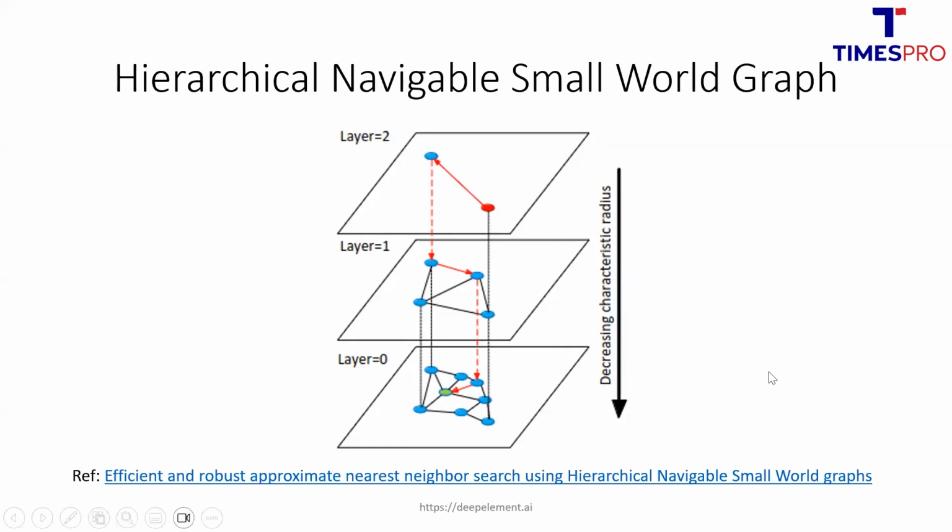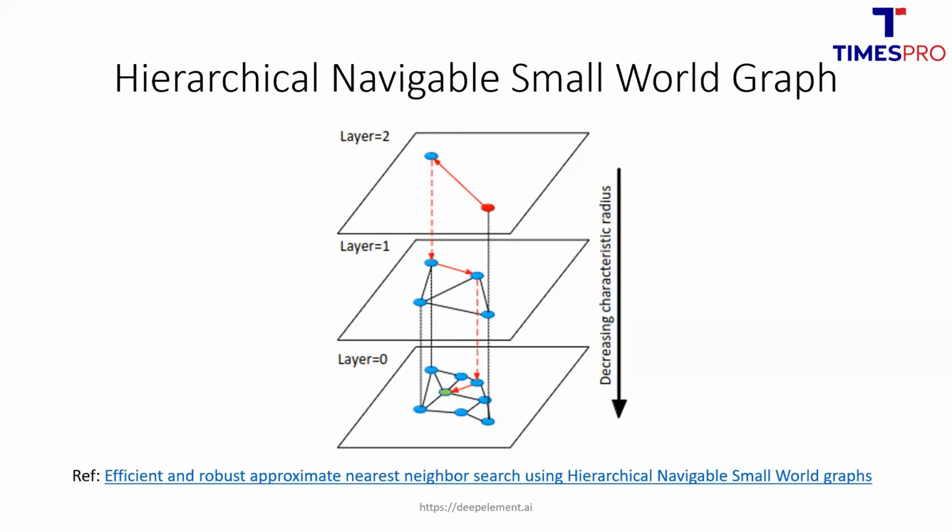That is the philosophy behind hierarchical navigable small world graphs. Here you have multiple layers. The long distance travels all happen in the topmost graph. The topmost graph has very few points, so the large distance travels happen very quickly. The next level graph has slightly more points.